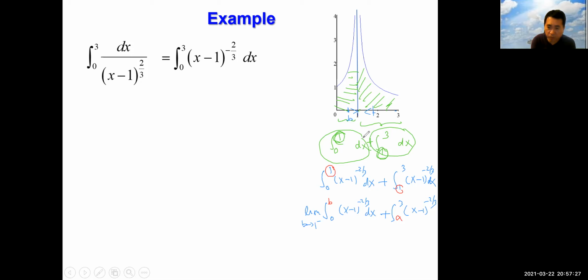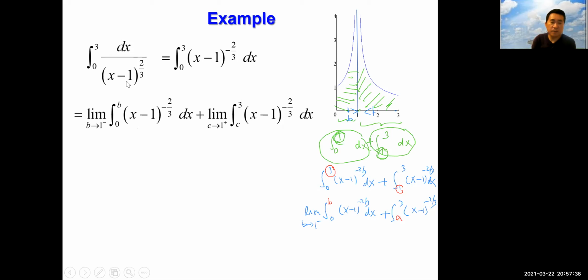A approaches 1 from the right. So put it together: you're going to have the limit as b approaches 1 from the left of the integral from 0 to b of this integrand. The other one I call c actually, and then c approaches 1 from the right.